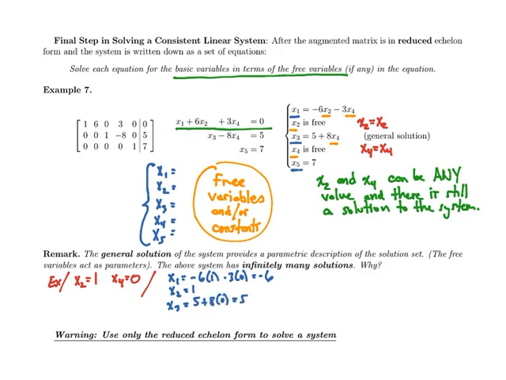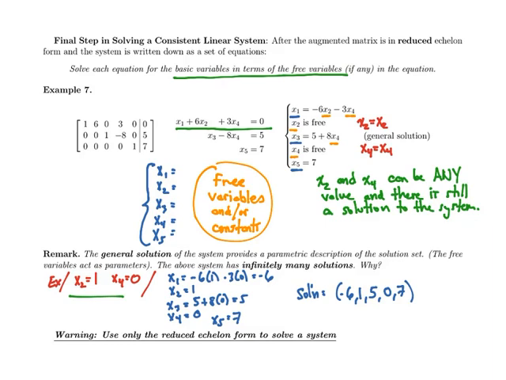That's 5. x4 would be 0. And x5 would be 7. So my solution would be negative 6, 1, 5, 0, 7. Now, there is nothing special about the choices I made for x2 and x4. I could have chosen any real numbers, and that would give me a new solution. That's why there are infinitely many solutions.